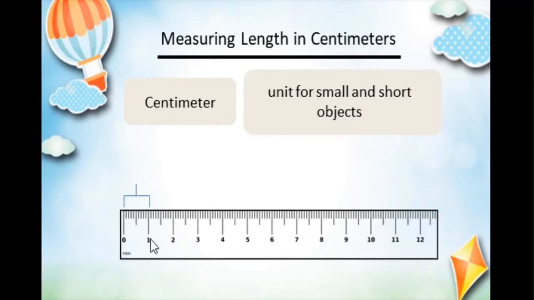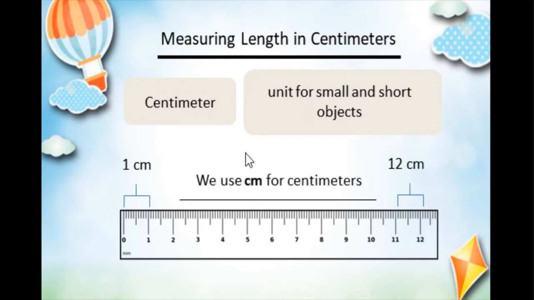0 to 1 is equal to 1 centimeter. And it goes a long way until it ends with 12. It's the 12 centimeter. Basically, one ruler has 12 centimeters.